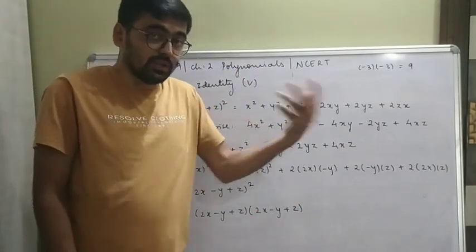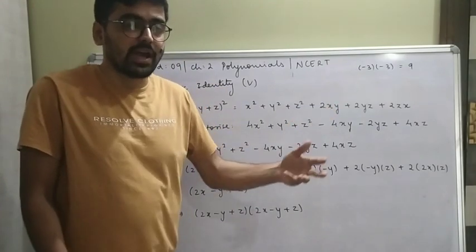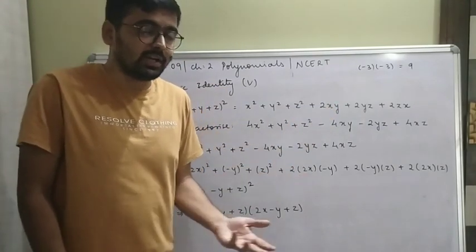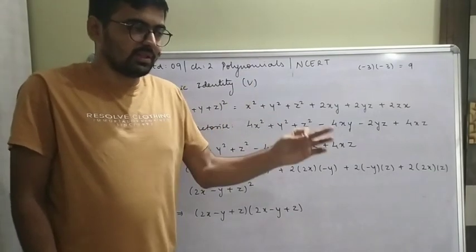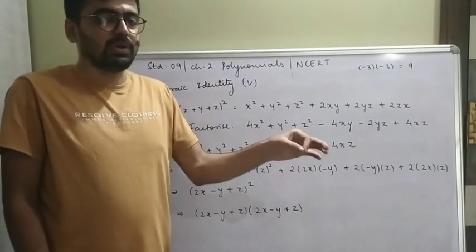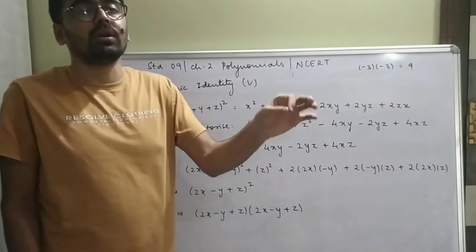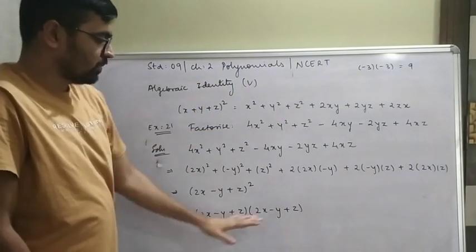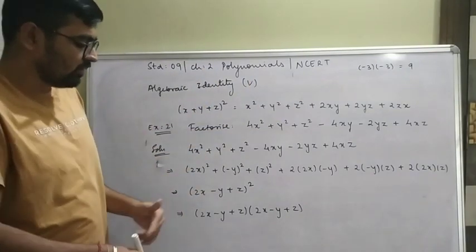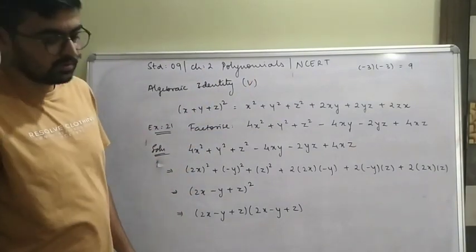If after revising 1 or 2 times you are still not able to get it, you can ask your doubts in the comment section, saying this particular thing I am not able to understand. Simple. So pause the video, note it down, we can move forward.